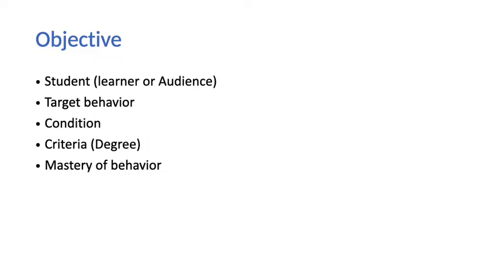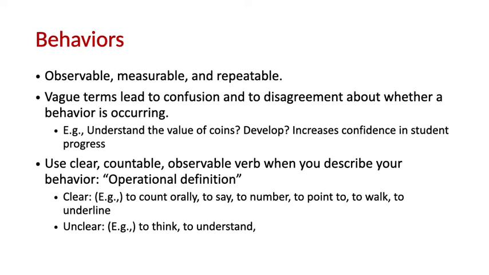Let's take a look at each element. Behaviors. You have to describe your target behavior you want to teach. Observable, measurable, and repeatable. Vague terms lead to confusion and to disagreement about whether a behavior is occurring.